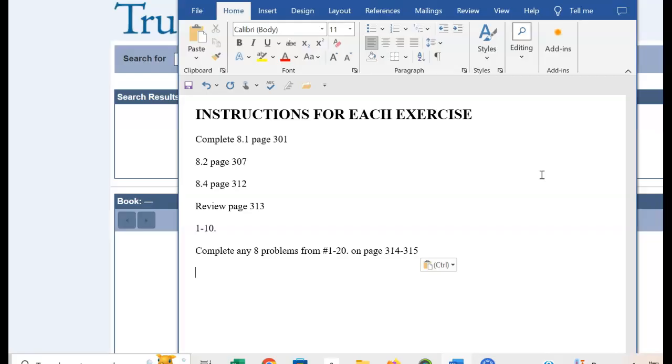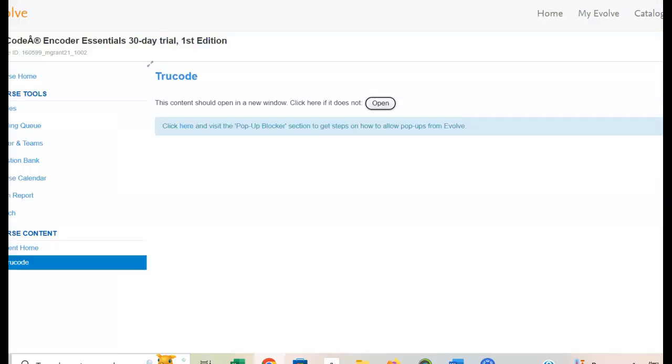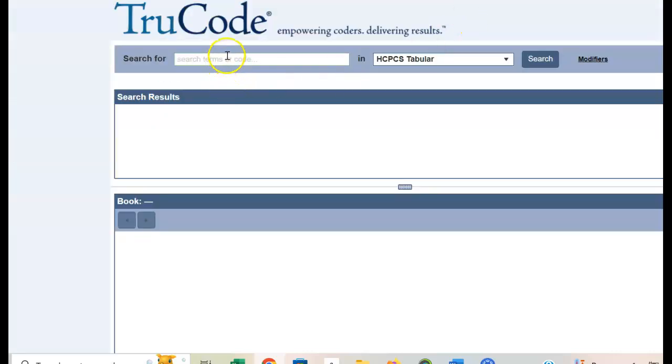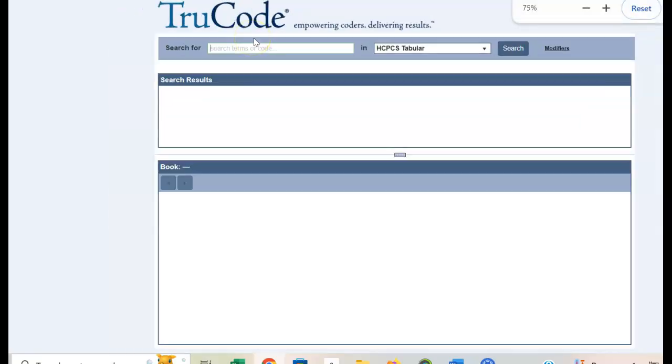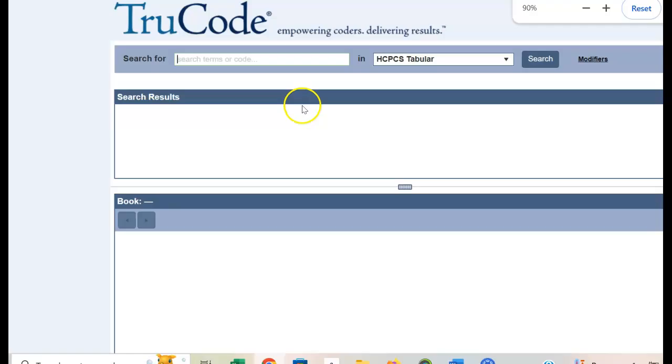Let's just go to, let's see how we do this. Let me pull up the TrueCode, which is right here. Let's look here at number 4. Stroke patient was administered 4 ounces of food thickener orally. Okay, so let's see what we can find.